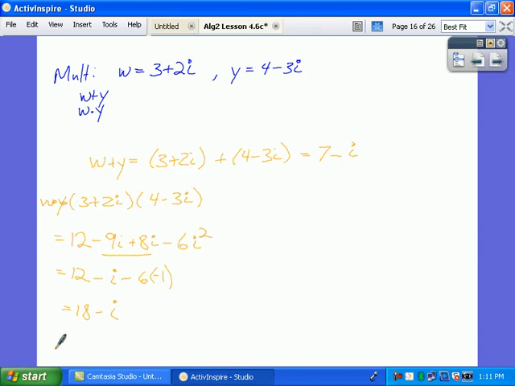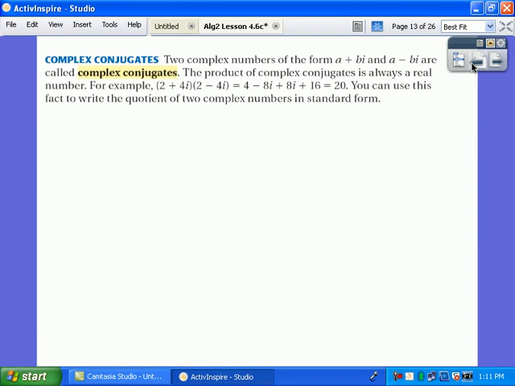Okay. So that brings us to the beginning of our new concepts. And so we're going to start off today's lesson seeing something that we've seen a little bit before, and that's the idea of a conjugate. If you recall, earlier in the chapter, we looked at rationalizing the denominator.